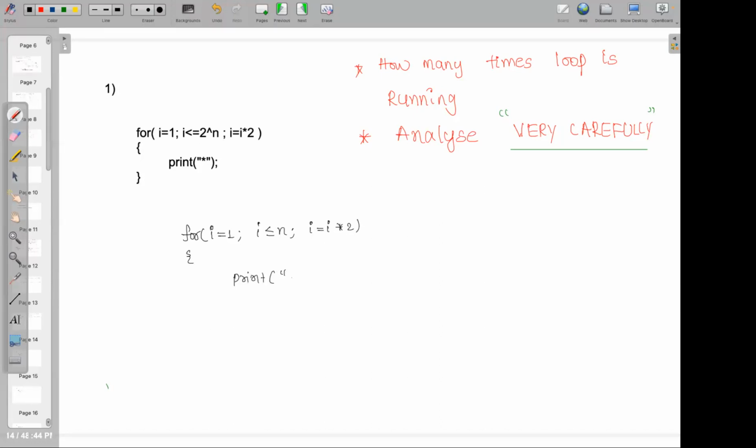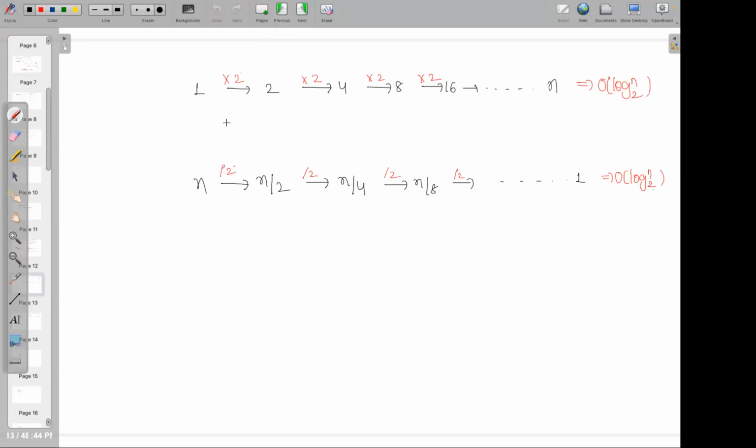Print, maybe some star. It can be anything, friends. Some order of one statement has to be present. That's it. Okay, now if this is the code, can you tell me what is its time complexity? Starting at 1, every time you multiply by 2 and you go till n, which means this is nothing but log n, right? Don't say order of n.